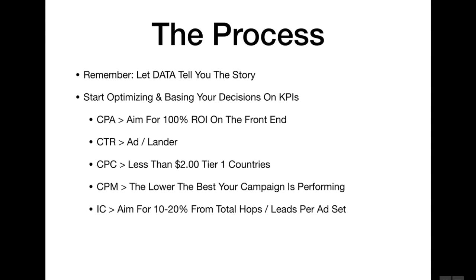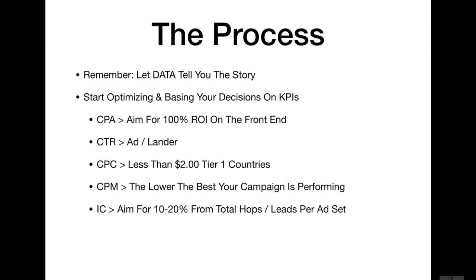Your initiate checkouts also: remember, you've got to aim for at least 10 to 20% of total hops or leads per ad set. On ClickBank, you're going to see in your dashboard the column referred to as hops. We also refer to them as leads. Someone who clicks your call to action button from your lander to click through and watch the VSL is also considered a lead.